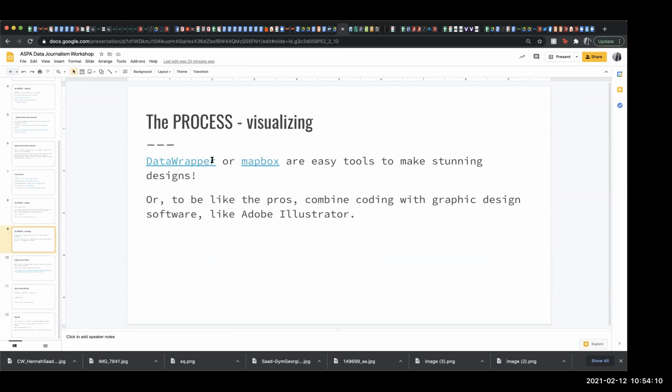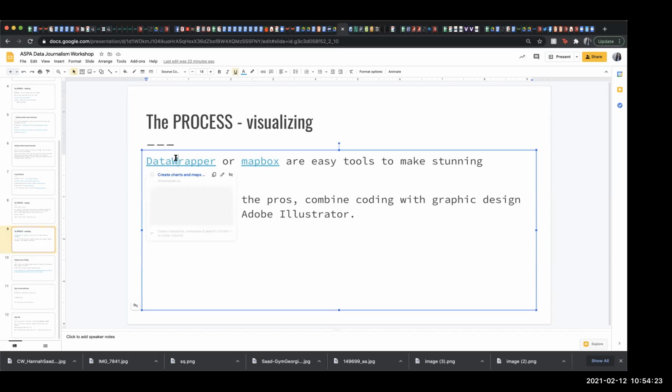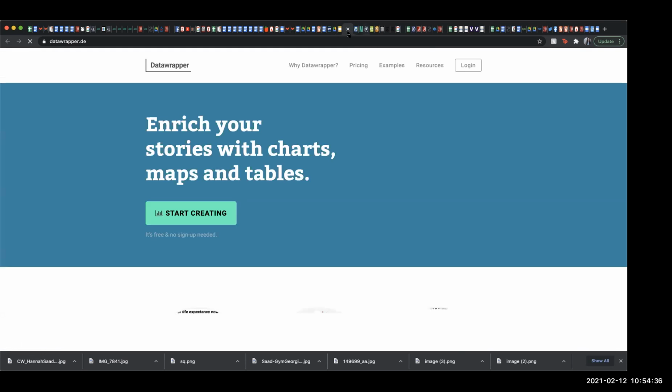And another thing, once you have your data, you want to know how to visualize it. I don't know how many of you are still doing print papers, but this applies to both print and web. There are tools out there that can help make what you're looking at so much prettier. If you're conducting a survey and you want to show the results of that, there are apps and websites like Datawrapper.